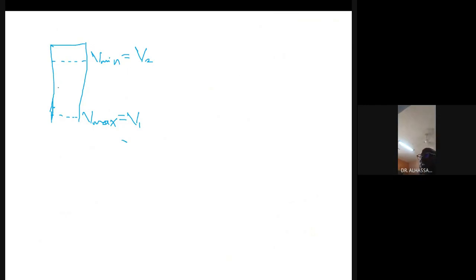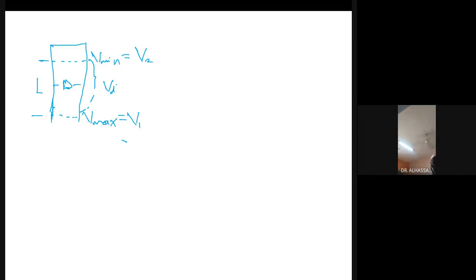The bore of the cylinder is the diameter. The distance between the top dead center and bottom dead center is given by L, and the volume occupied by this is called VD, the displacement volume.